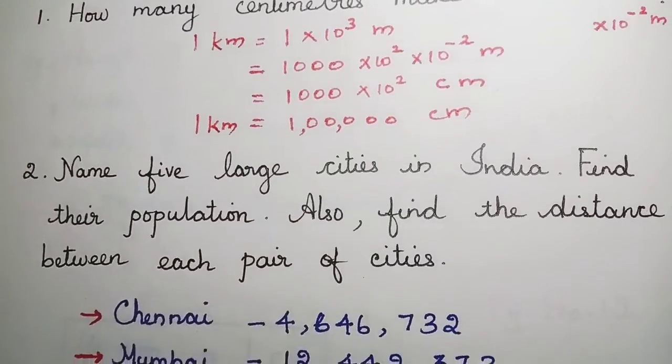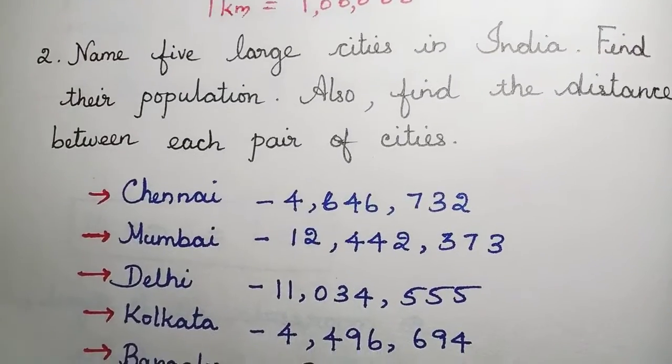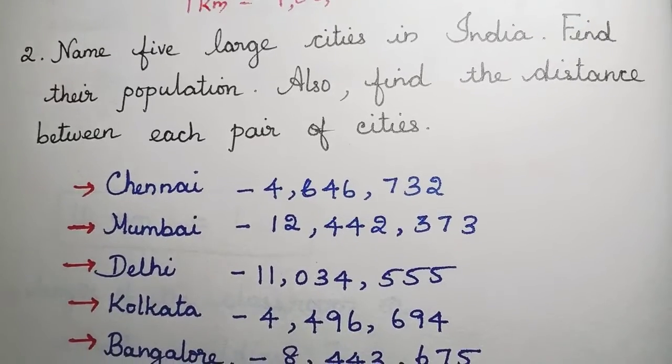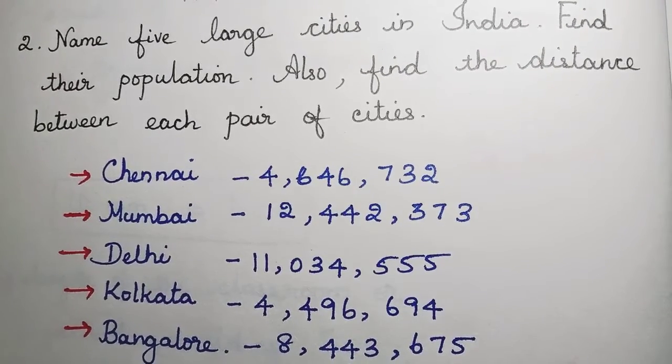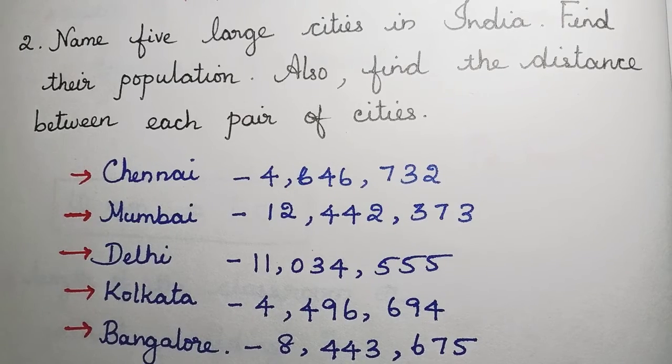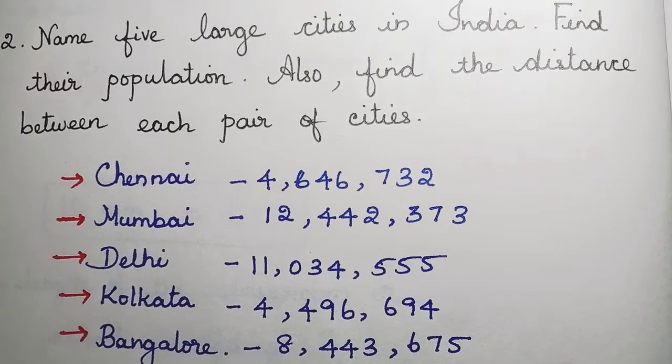So the next question is, name 5 large cities in India. Find their population. Also find the distance between each pair of cities. Okay, I have already written the answers here. If you want, just use this.